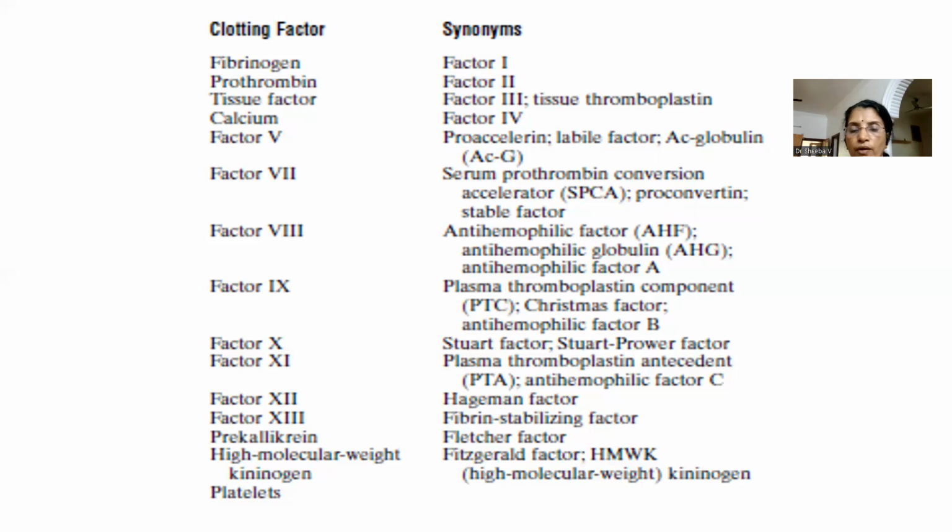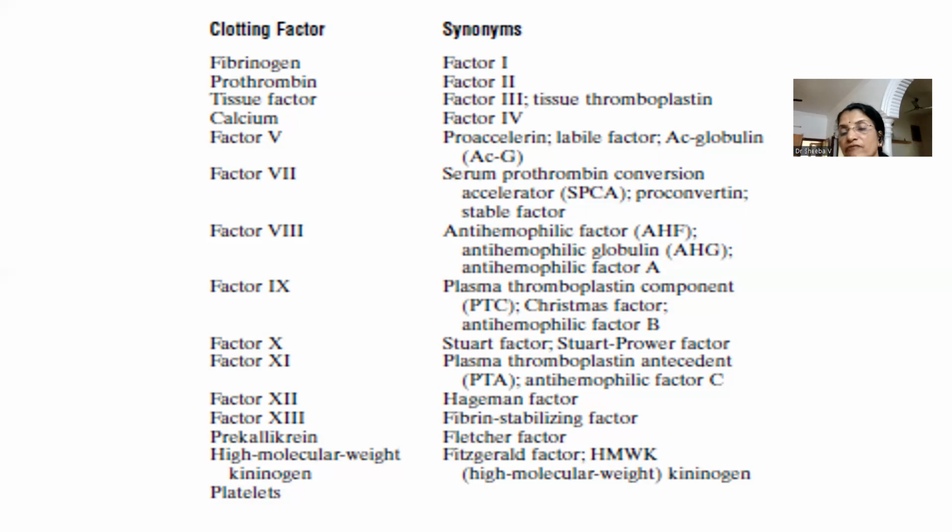Factor 8, anti-hemophilic factor A, is very important to remember. When this factor 8 is deficient, it can lead to hemophilia A, classical hemophilia. Factor 9, Christmas factor. Factor 10, Stewart factor. Factor 11, anti-hemophilic factor C.